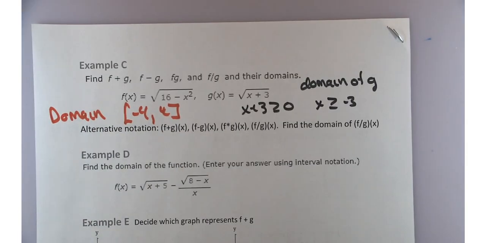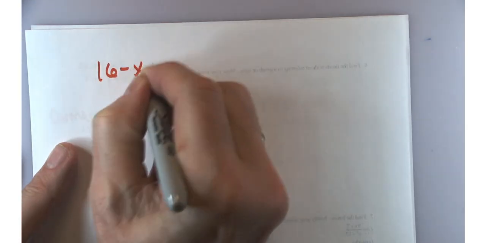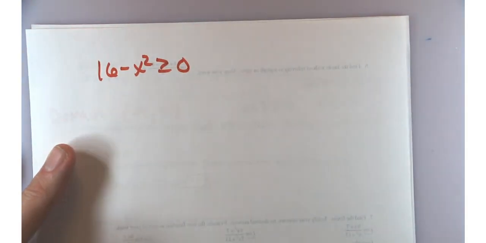Well, we got that one visually. Getting it algebraically is a lot of work, and it's not something I want to spend my time on, but I'll remind you how you would do that. I'll do it really quickly here. What you're looking for is where 16 minus x squared is greater than or equal to 0.